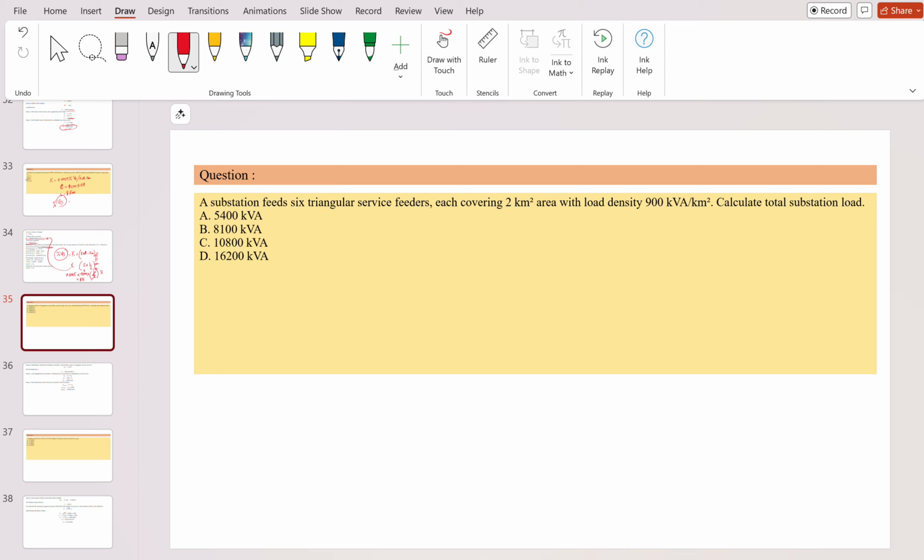But there is a question here, there are 6 triangular service feeders.